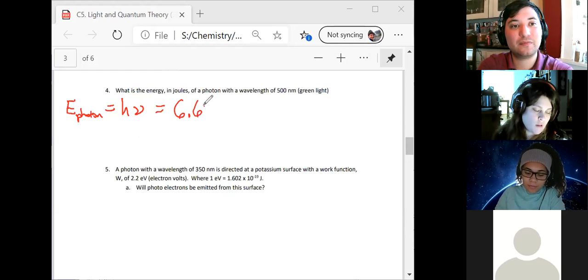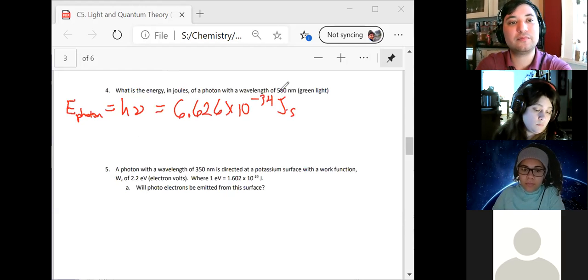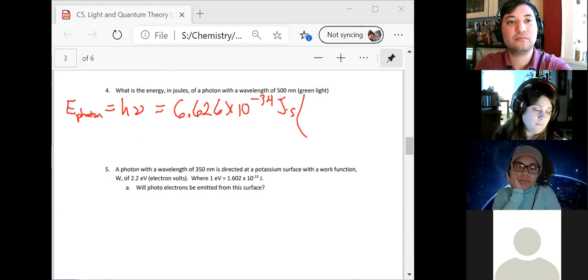So what I did is I took the portion given, which was 500 nanometers, which was the hard part. I had to look up how to do the conversion. I had to go to the page earlier where it showed the graph of frequency and wavelength.